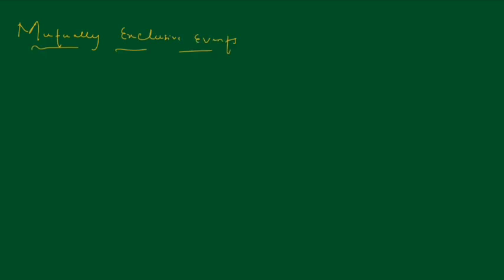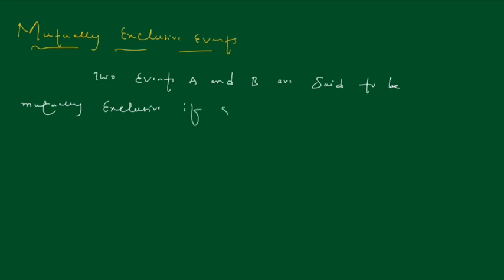So two events A and B are said to be mutually exclusive if the set corresponding to events A and B are disjoint.